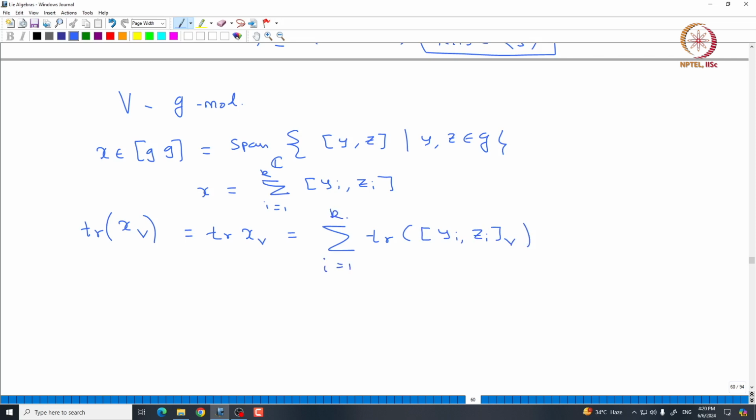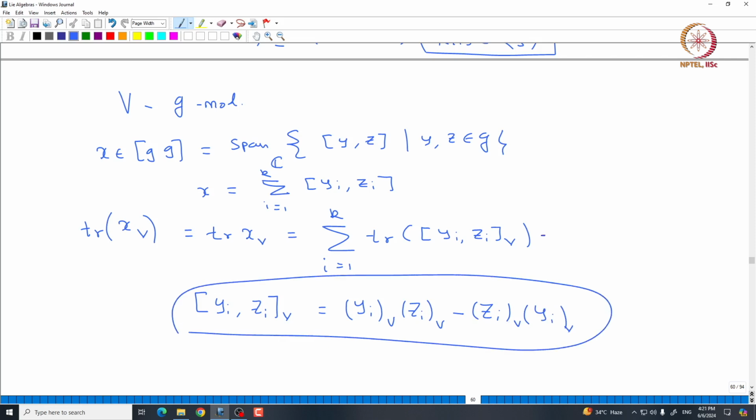Note that both y_i and z_i leave this V invariant. So, the bracket [y_i, z_i]_V is going to be exactly equal to y_i,V times z_i,V minus z_i,V times y_i,V. That means the trace of this element must be 0. That will force the trace of X_V to be 0. So, this is indeed an important observation.